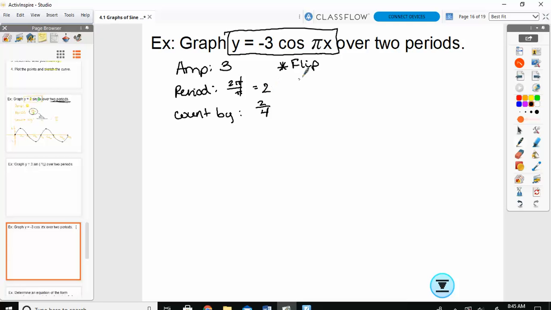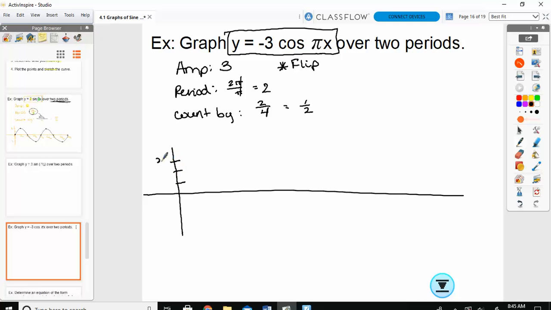You'll take your period, and you always divide by 4 for the 4 quadrants. So we get 1/2. Amplitude is 3, so my high point would be at +3. My low point would be at -3.